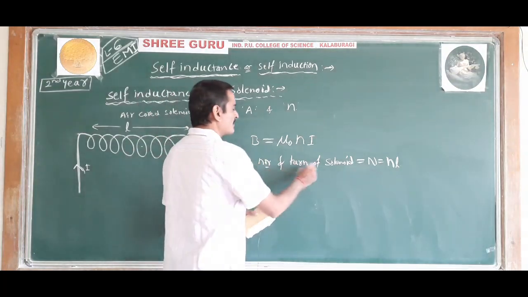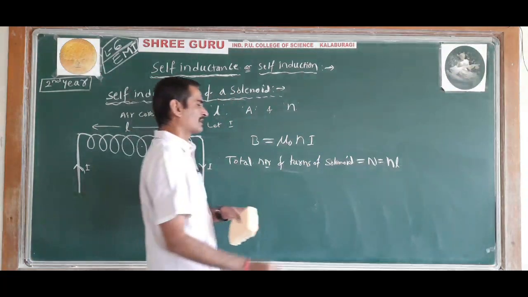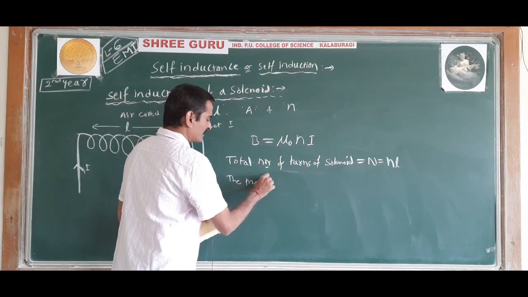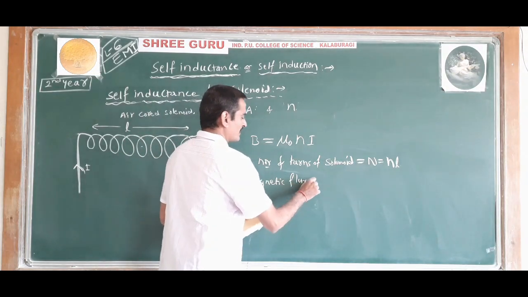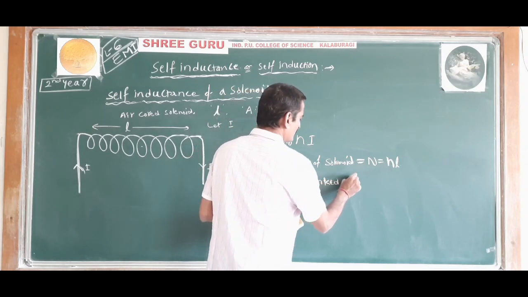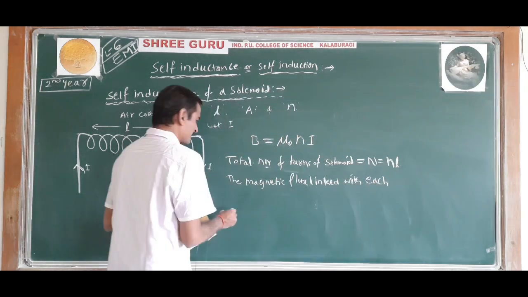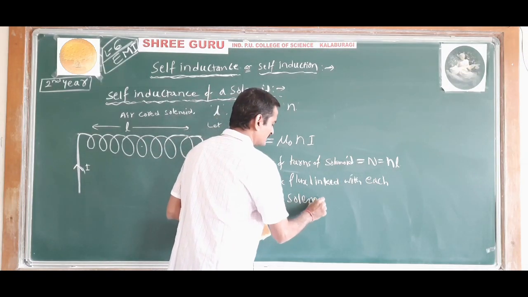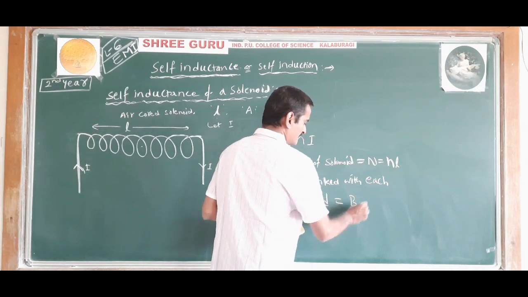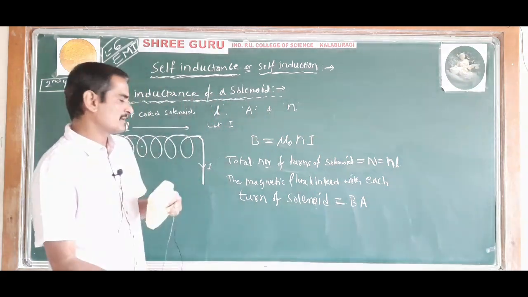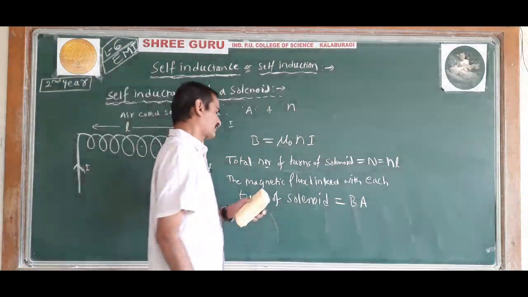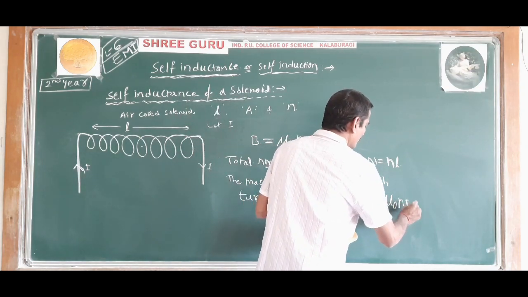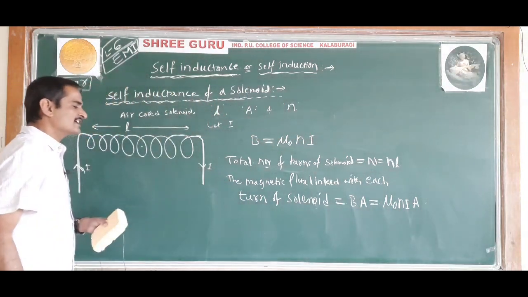The magnetic flux linked with each turn of the solenoid is given by the magnetic field into A, that is phi is equal to B A. So B is mu naught n I, and A. This is the magnetic flux linked with each turn of the solenoid.